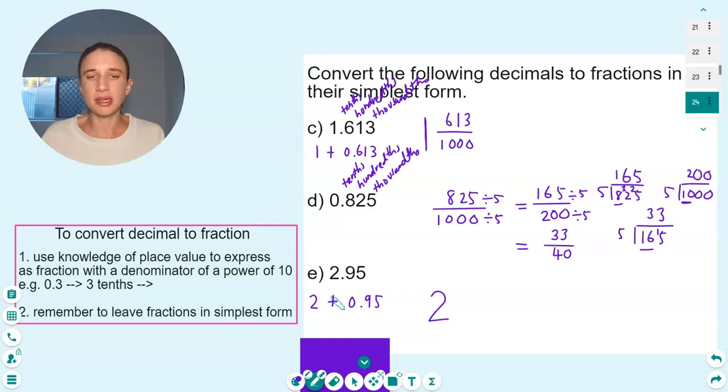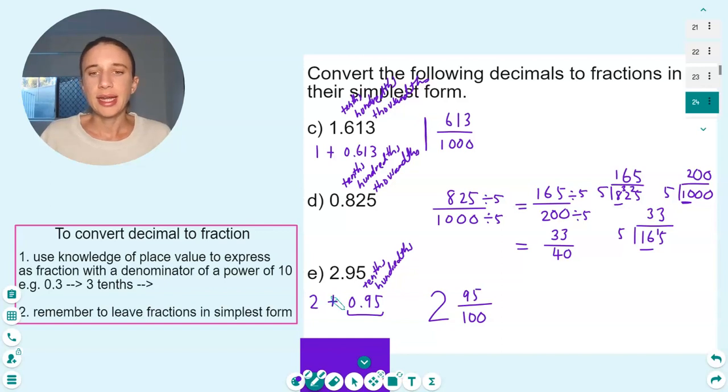So I'm just going to write that big number straight down. And then I'm going to just focus on this decimal, label the columns tenths, hundredths, just using this process over here. So this number here is 95 hundredths.